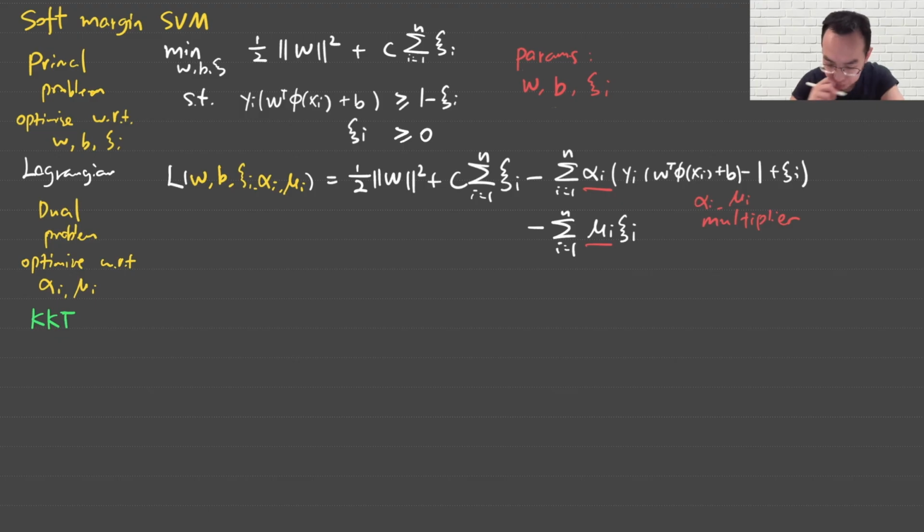Okay, so once we write out the Lagrangian, we can also write out the stationary conditions for the Lagrangian. We just take the derivative of L with respect to our parameters.